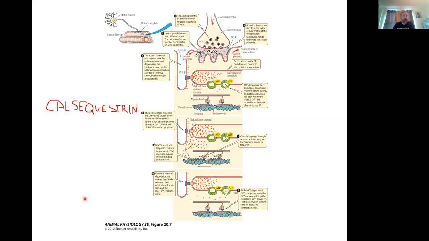In this case, it's going to bind to troponin. What happens here is similar to a lot of cases: when we bind a ligand, our protein changes shape. And when our protein changes shape, it moves not only itself, but also the other protein it's stuck to, which is tropomyosin.